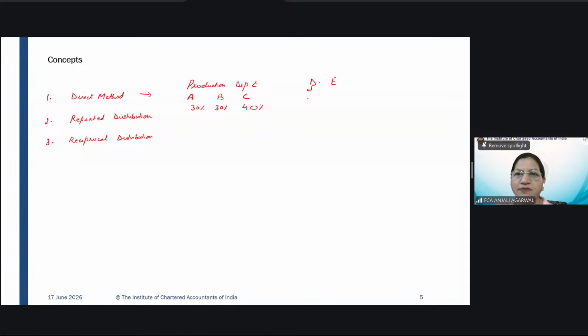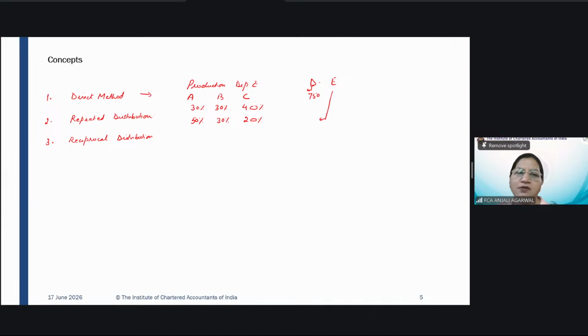Department D has given its services to A, B, C 30, 30, 40. Similarly, Department E has also given its services to A, B, C only, 50%, 30%, and 20%. So whatever the expenses of Department D, 750, you will divide the 750 to A, B, C only.